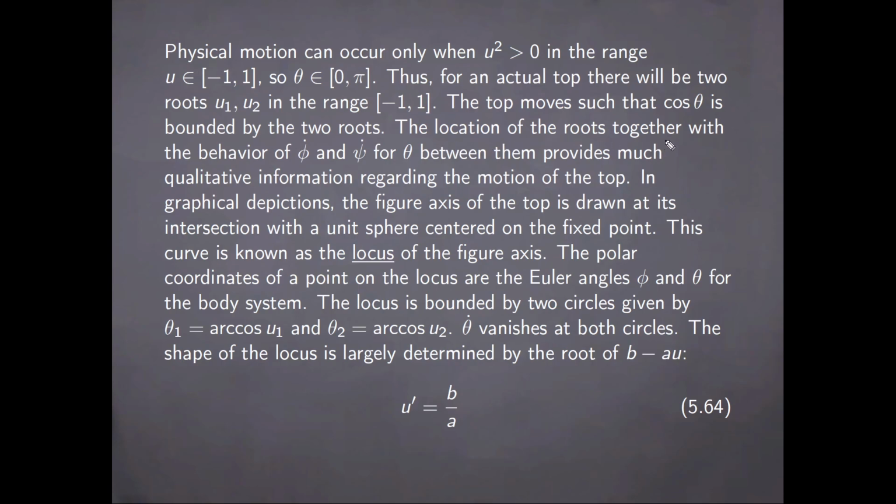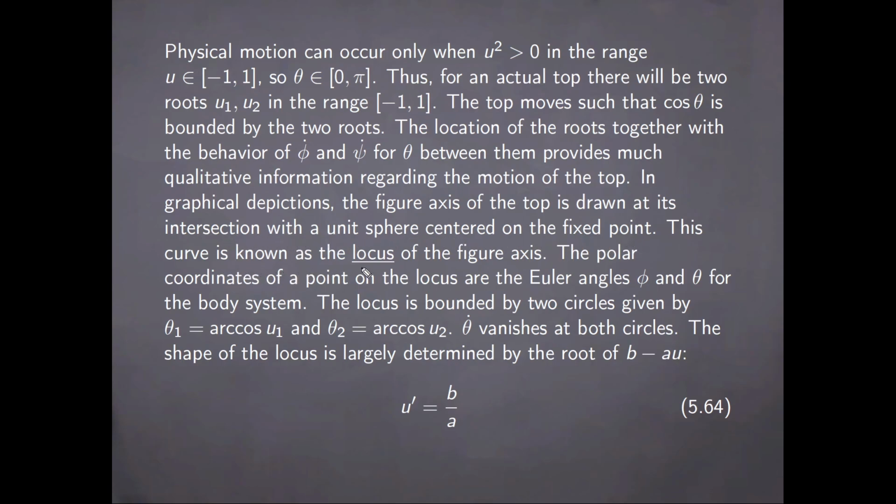The location of the roots, together with the behavior of the precession rate and spin rate for the angle theta between them, provides much qualitative information regarding the motion of the top. In graphical depictions, the figure axis of the top is drawn at its intersection with a unit sphere centered on the fixed point.